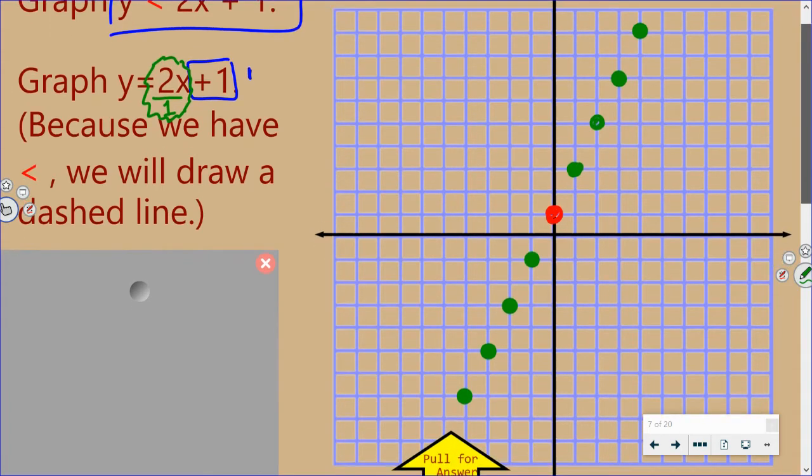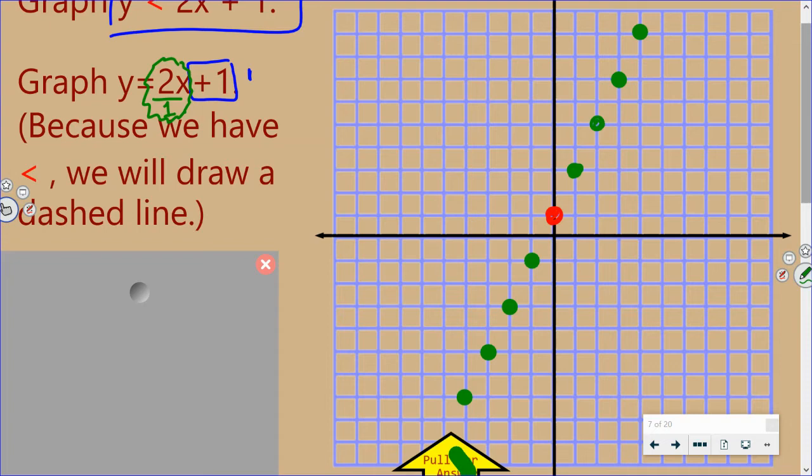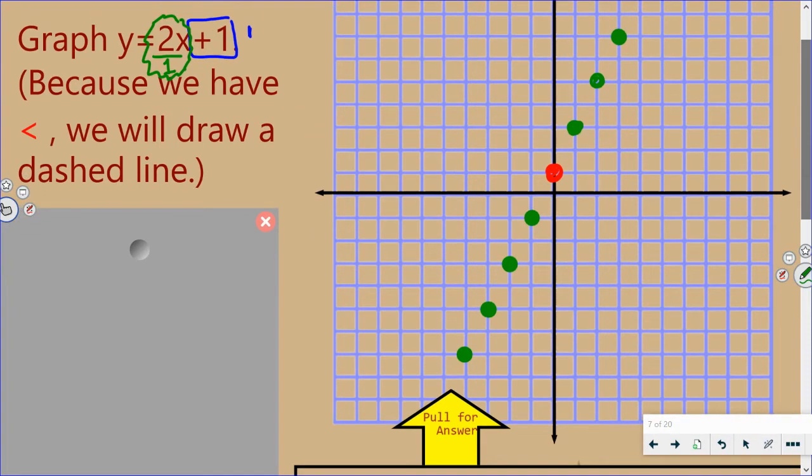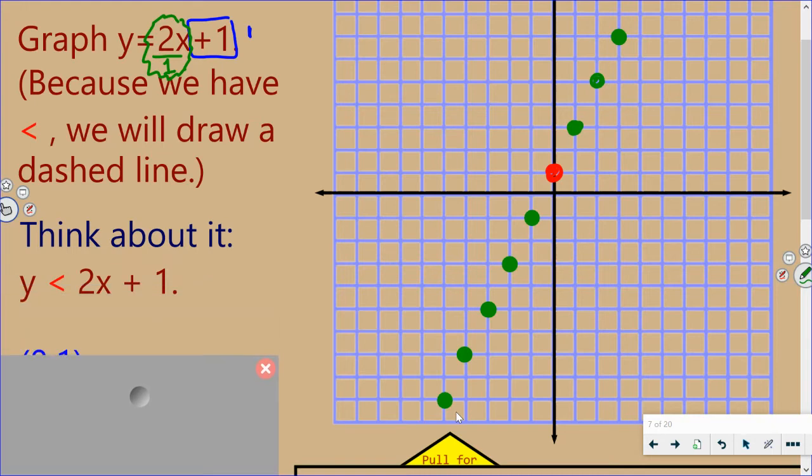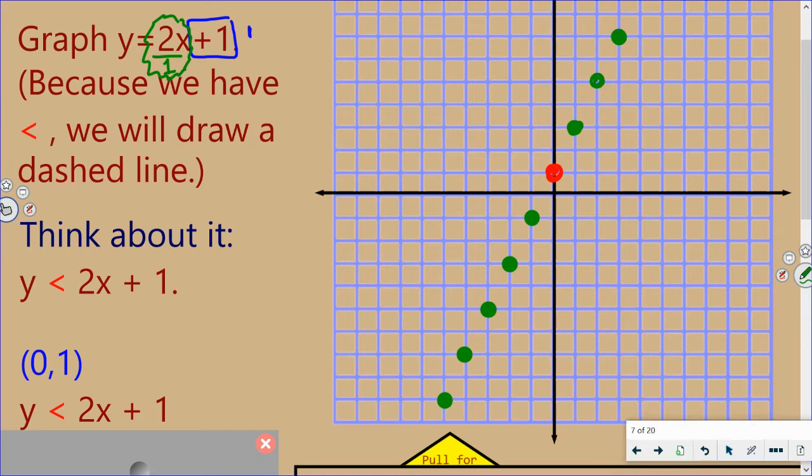Now, in this case, should we make a solid line or a dashed line? Well, let's go ahead and test some points. For instance, right on the line, that red point 0, 1.